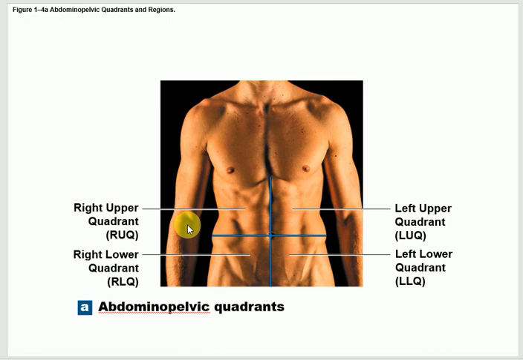Anything minus head and neck, upper and lower limb. This is called the trunk. The trunk is chest right here. There is a diaphragm to separate, and then abdomen, and then pelvis. All of them together, trunk. And this is a cavity. Is it empty? No, it is not empty. There are organs in there, and we will talk about it.